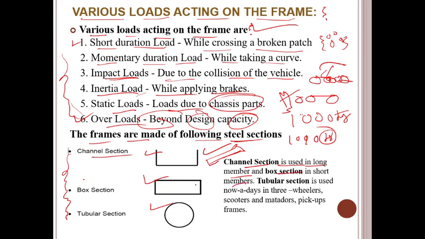Box section is used for very short members, where there is a very small distance. Tubular section is used nowadays in three-wheelers, scooters, matadors, pickups, or frames. Generally this is used most nowadays in three-wheelers, the tubular section type of frames.